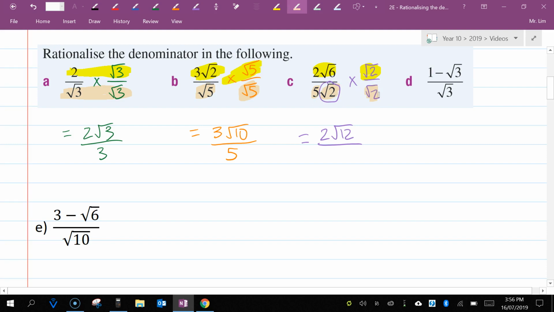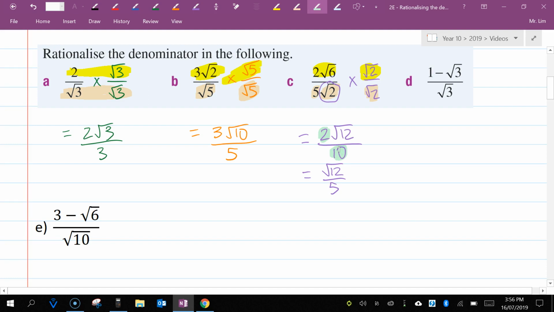Well, root 2 times root 2 is just 2, and 5 times 2 is 10. So we can simplify this to 2 root 12 over 10. 2 over 10 simplifies to 1 over 5.